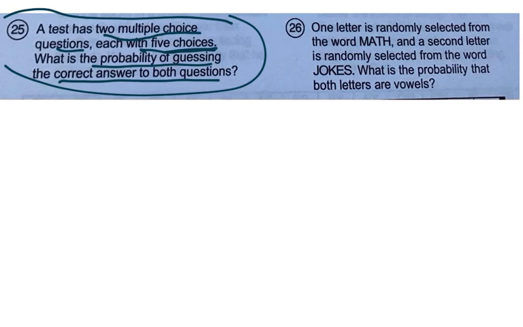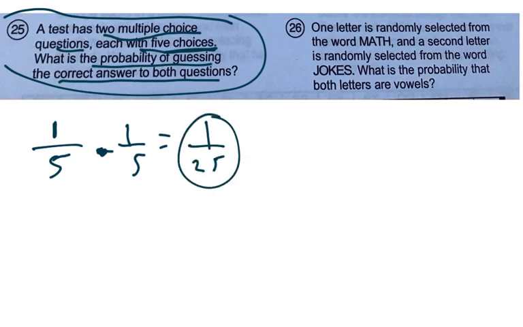Well, remember, in a typical multiple choice, there's only one possible good answer, out of a total of 5. 1 good answer, 4 bad answers, right? So 1 out of 5 chance. And if there's 2 questions, well, that's 1 out of 5 times 1 out of 5. So that's a 1 out of 25 chance of guessing 2 multiple choice questions correctly. Only a 1 out of 25 chance.